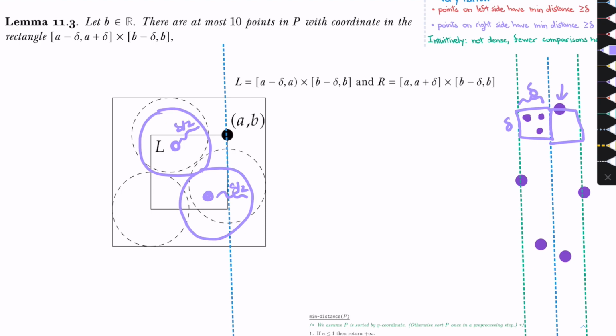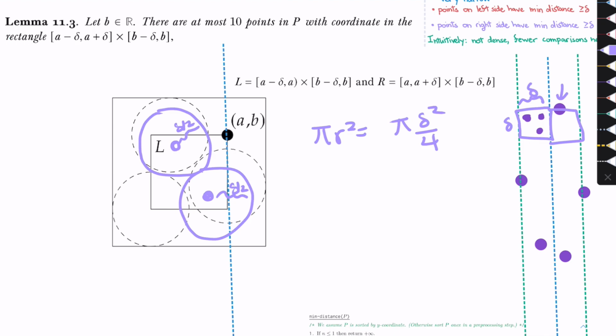Now, how many balls can there be? Why is there a limit on the number of balls? Well, I should go quickly; I think we're going to run out of time. What's the area of one of these balls? It's pi r squared, so pi times delta squared over 4. They're all taking up pi delta squared over 4 units of space, and they're all sharing some common space.